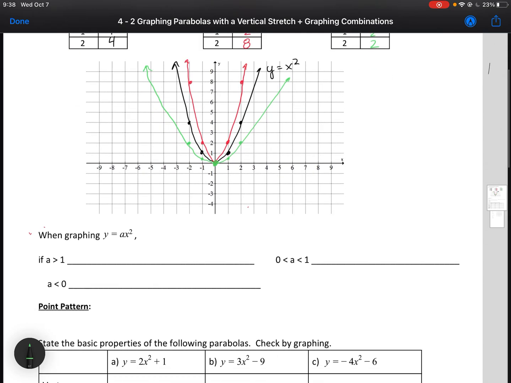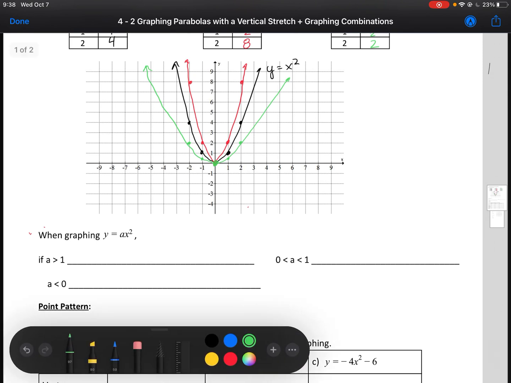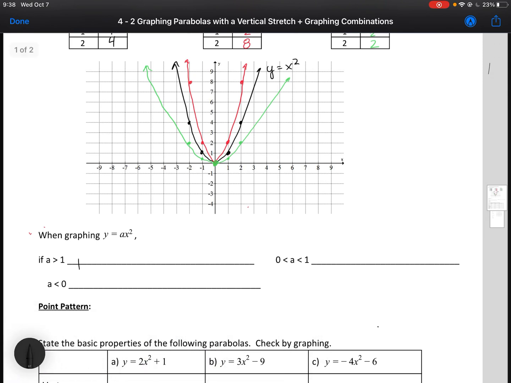So in general, when we're graphing y equals ax squared, if a is greater than 1, the parabola is vertically stretched, or it's skinnier.